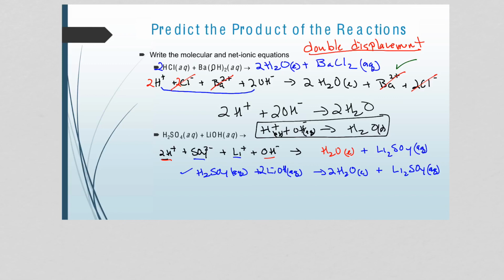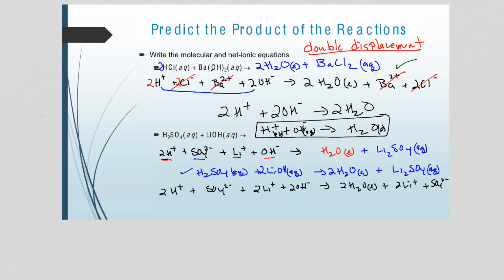Now for my net ionic equation, I have to write my complete ionic equation. So if I rewrote my complete ionic equation, it'd be 2H plus, SO4 2 minus, plus 2 lithium plus, 2 OH minus goes to 2 waters plus 2 lithium pluses plus SO4 2 minus.